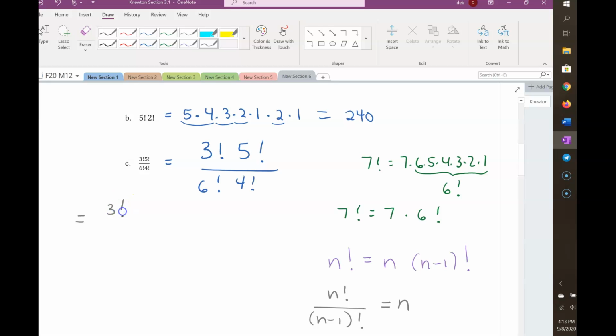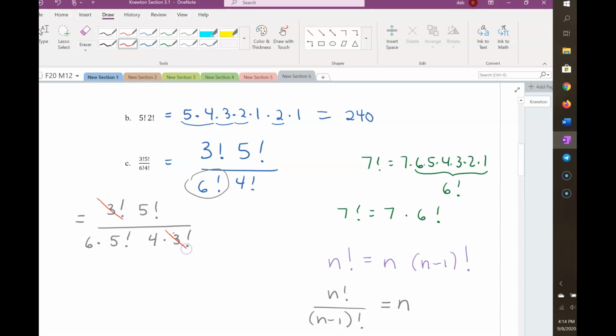So let's look at how we could use this to simplify this factorial we have. So we have 3 factorial and 5 factorial in the numerator. Well, we just decided that 6 factorial is the same thing as 6 times 5 factorial. If you write it out, I think you'll see that. And then you have 4 factorial, which is 4 times 3 factorial.